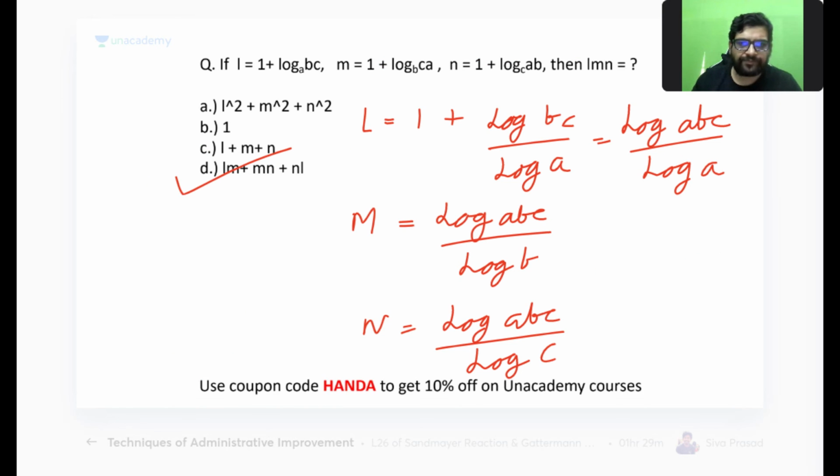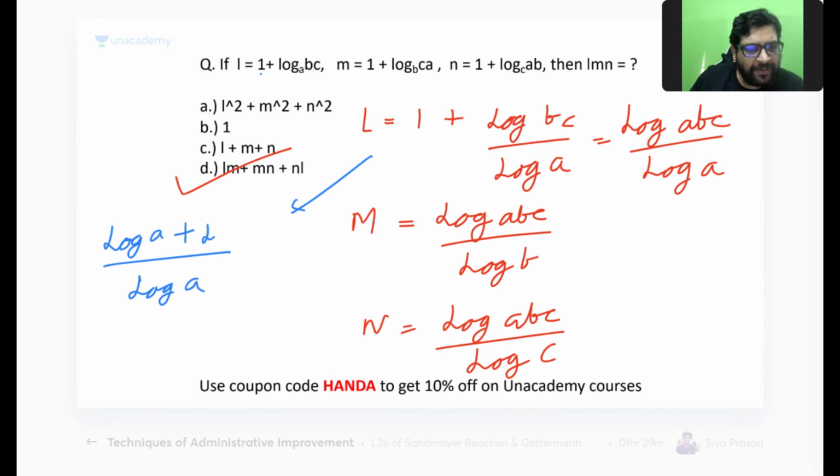Didn't get the first step. Okay. See, 1 plus log BC to the base A is 1 plus log BC by log A, which I have written here. Now, if you take log A as the LCM, it will be log A plus log BC.